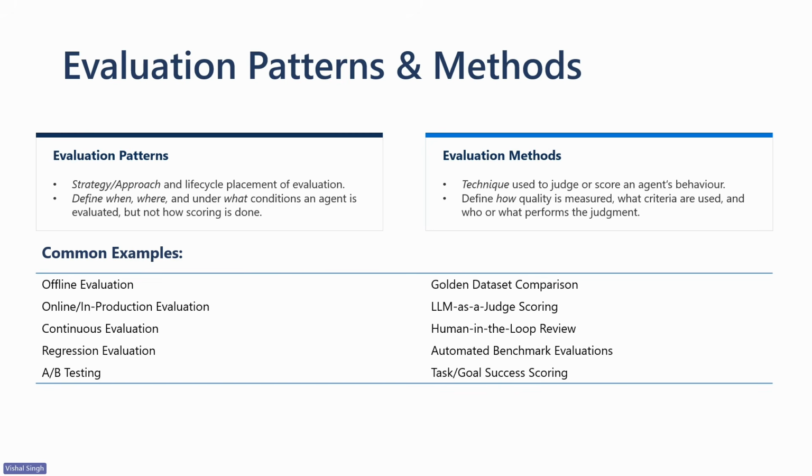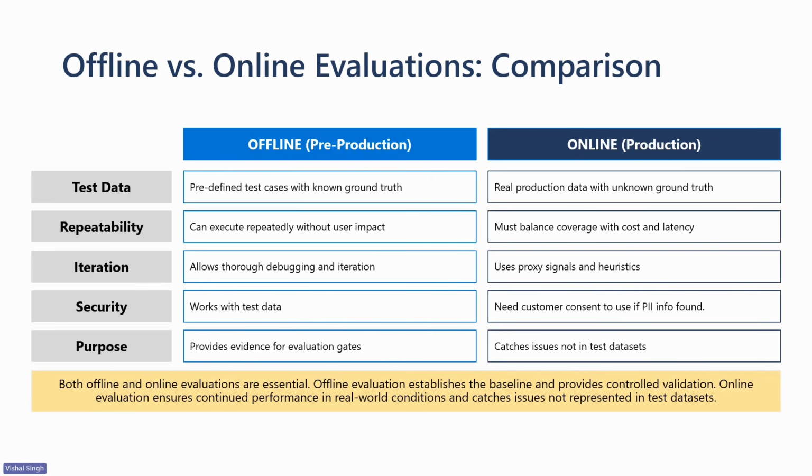The first piece that we try to define and distinguish between is online versus offline evaluations. The offline evaluations that we should first understand are the pre-production evaluations, which are carried out before your agent has gone live into the system. You ascertain that all the test data is maintained in predefined test sets.